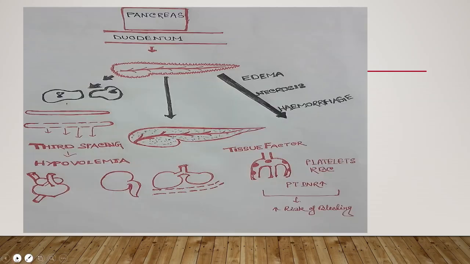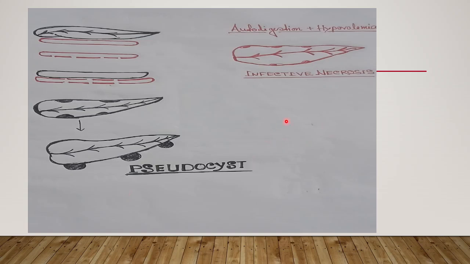This picture first shows autodigestion and hypovolemia. What is autodigestion? Protease and lipase cause autodigestion of the pancreas, and hypovolemia is due to the increased permeability, the fluid shifting from intravascular spaces to the interstitial spaces, which is third spacing.